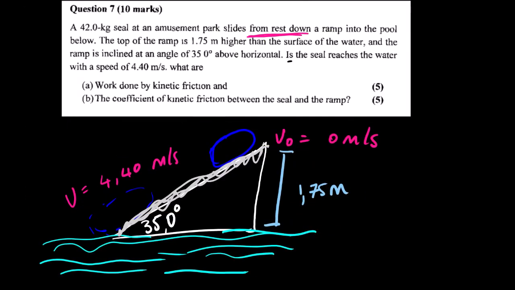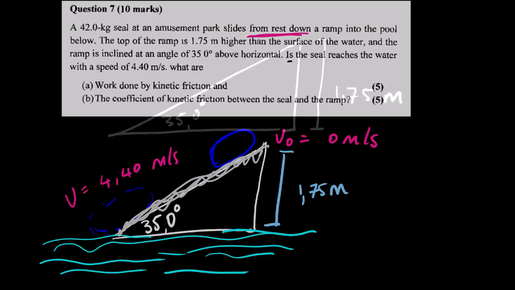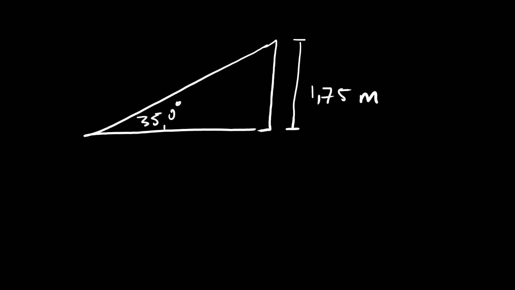The second question says we need to calculate the coefficient of kinetic friction between the seal and the ramp. For us to calculate the coefficient, we need to calculate this side, which is the displacement. Since this is a right angled triangle, we can use trigonometric ratios to calculate this side.